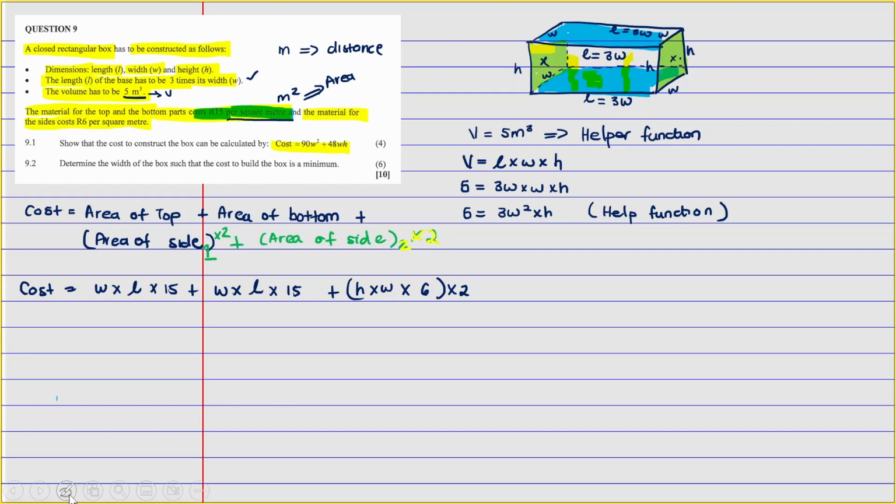Going back to my pen, it's going to be length, plus length multiplied by height, and this is going to be multiplied by 6, and this is going to be multiplied by 2. Does that make sense again?